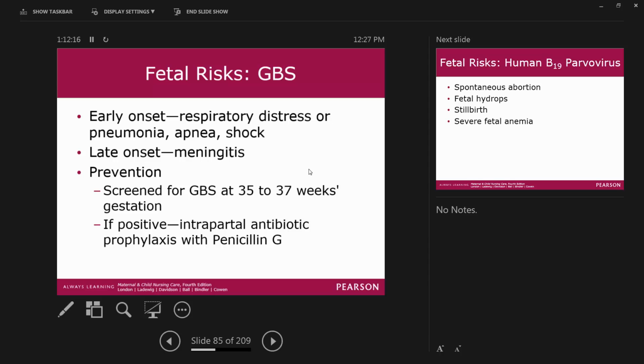So the problem is you have this woman who comes in with no prenatal care, and she delivers her baby, and you have no idea what her GBS status is. So on those moms, we go ahead and run penicillin or whatever antibiotic in labor. If she comes in and delivers the minute she walks in the door, so she doesn't get any antibiotics, then baby's going to have to be on high surveillance, maybe even in the NICU, and started on antibiotics as well.